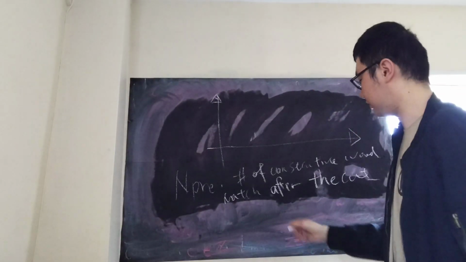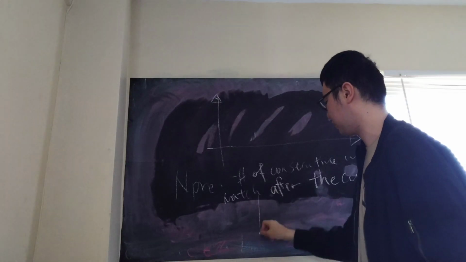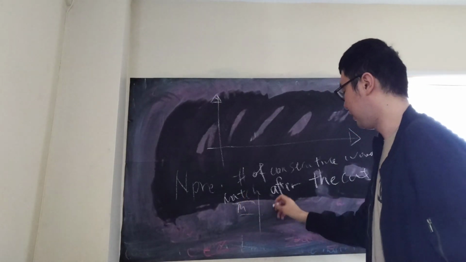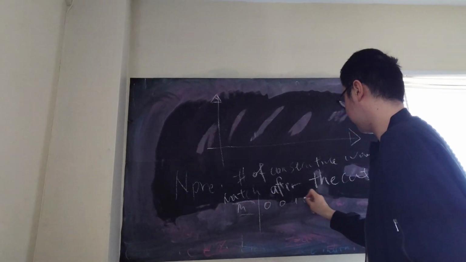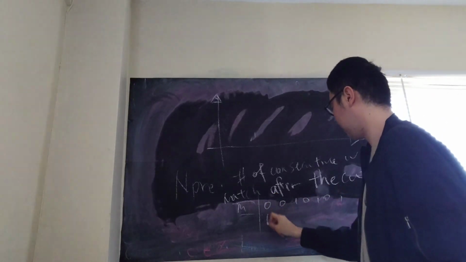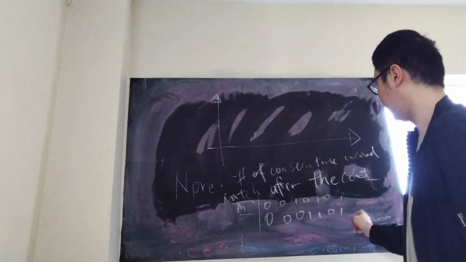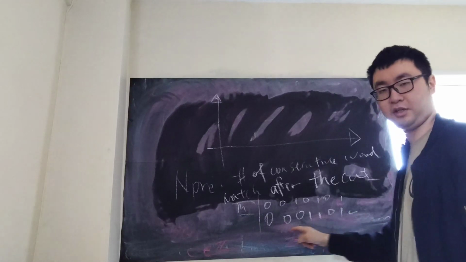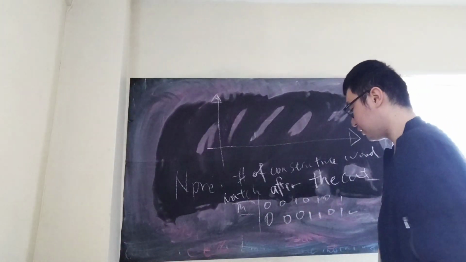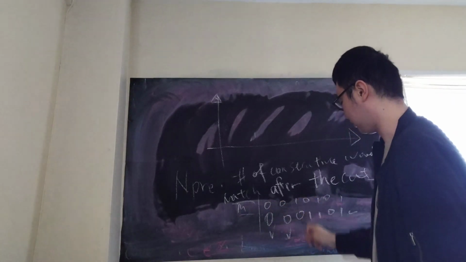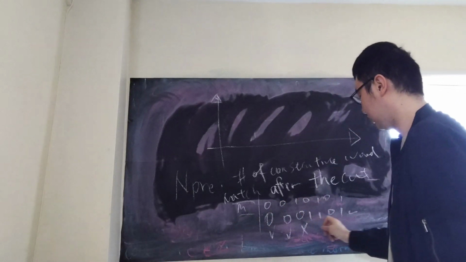What I mean by this is that you have a true sequence, where everything before the cut is the input, and the reference is maybe 0, 1, 0, 0. You have a model output like this and a reference output like this, and you count from the first digit. This is correct, this is correct, this is wrong, and then you ignore the rest.